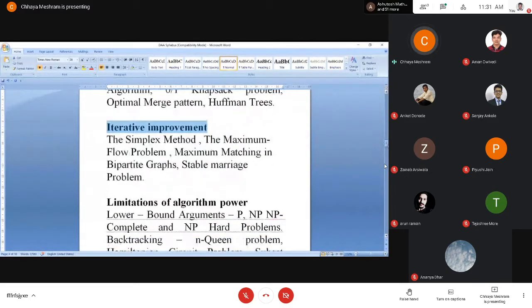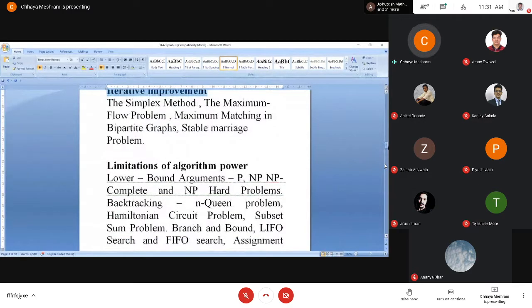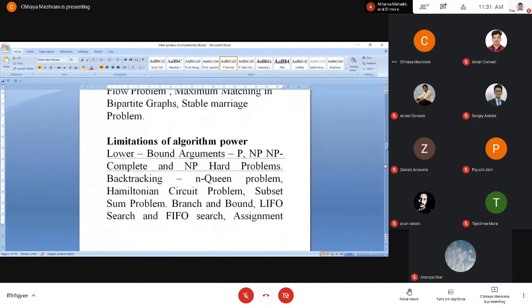Along with that, we have to study the last unit, limitation of algorithm power. So under this limitation of algorithm power, what do we have to study?